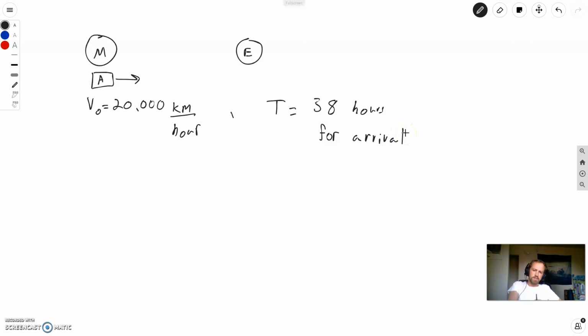Okay, so the problem kind of gave us a little bit of a hint. It said, what deceleration must the aliens apply so that they come to rest in time for their dinner? Let's see if we can express the aliens' velocity as a function of time.